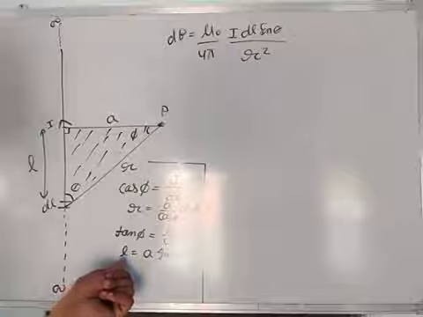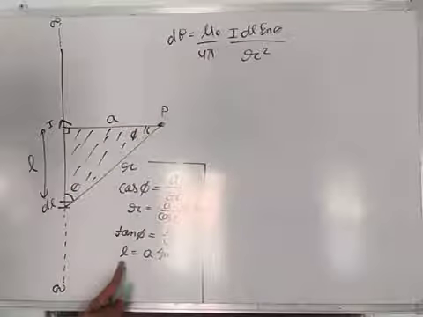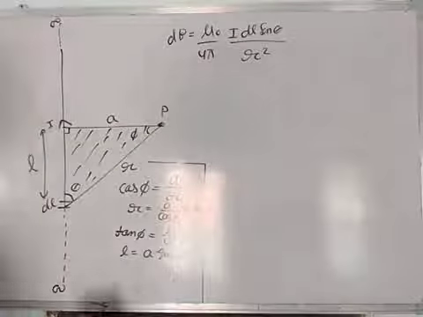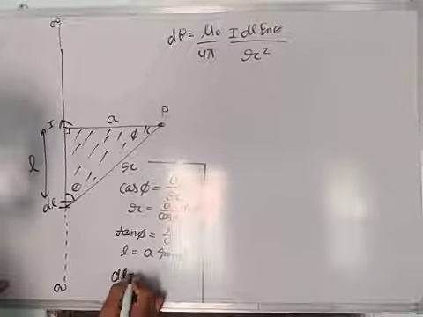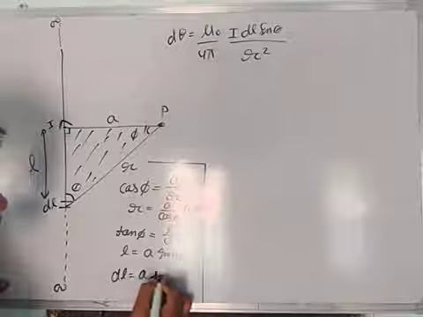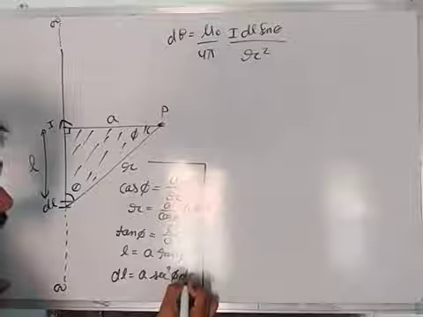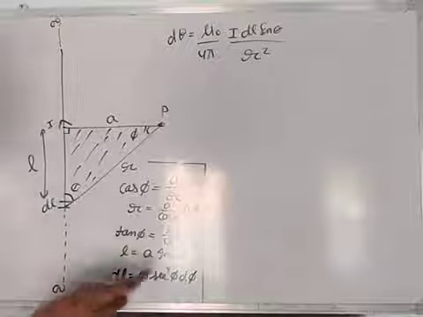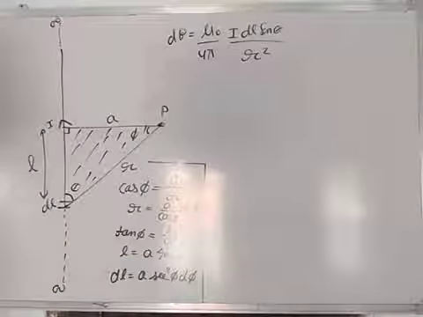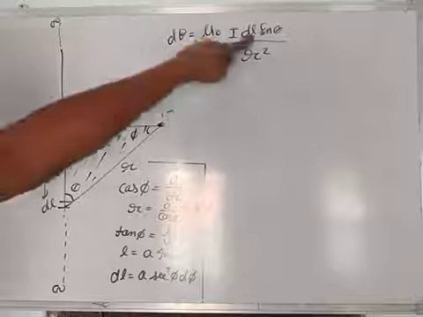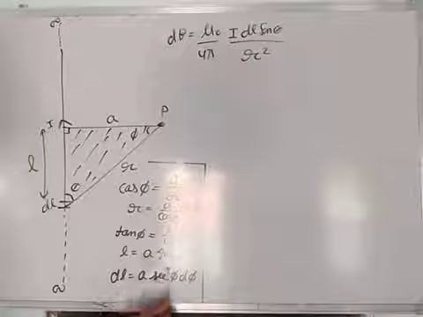This is the L and this is the dl. Then differentiate this expression. You will get dl is equal to a sec square phi d phi, because differentiation of tan phi is sec square phi. Means for dl we will substitute a sec square phi d phi.